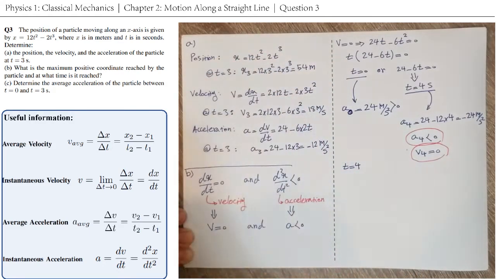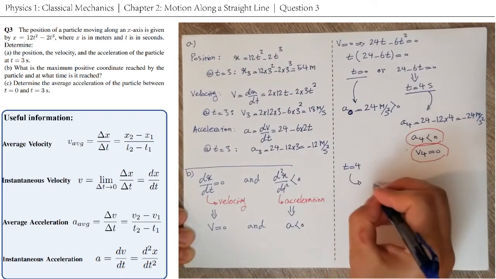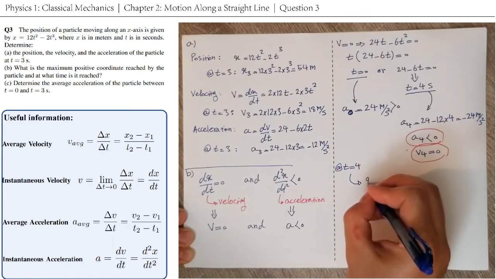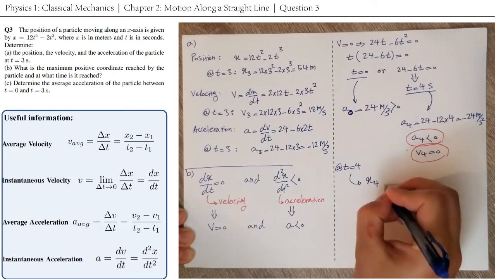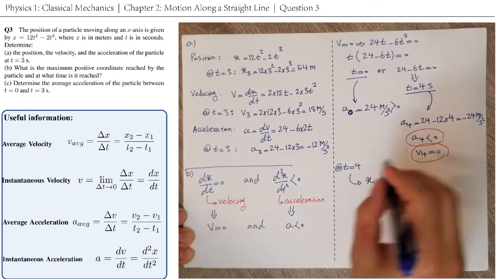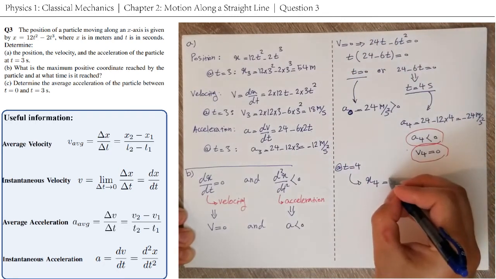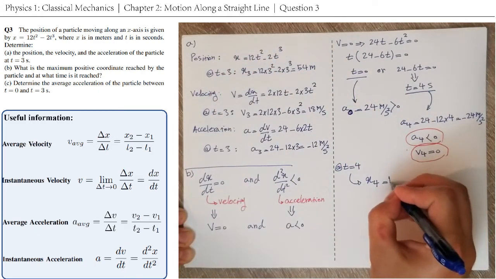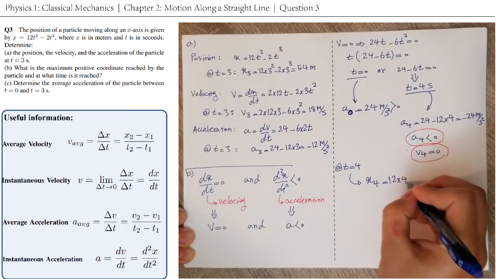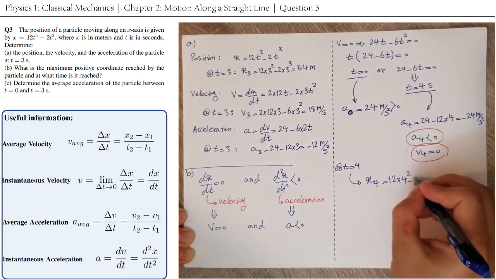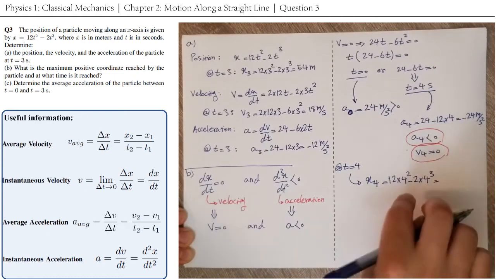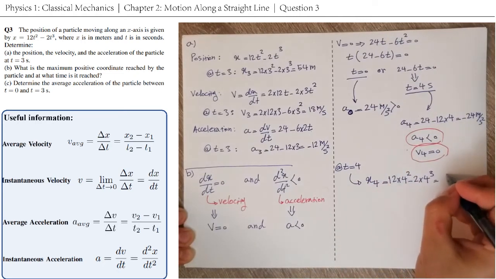Now if I plug it into the equation for the position at t equals 4, I would have x4 equals 12 times 4 squared minus 2 times 4 cubed, which if you plug into your calculator, you will obtain 64 meters.